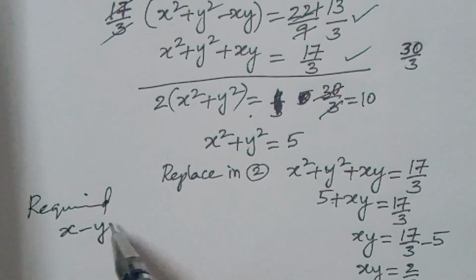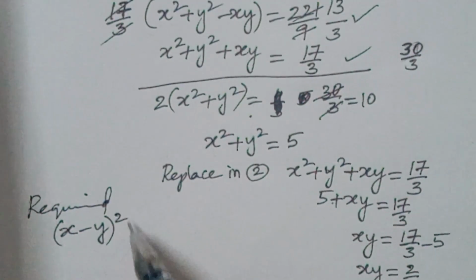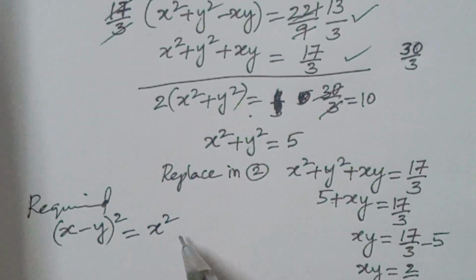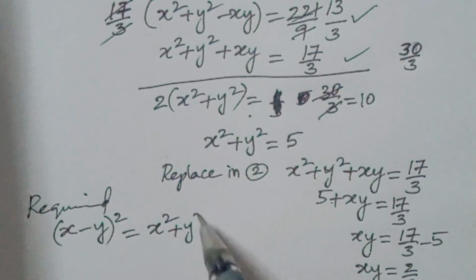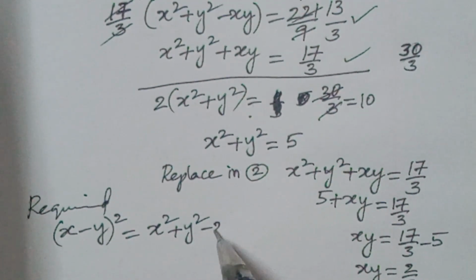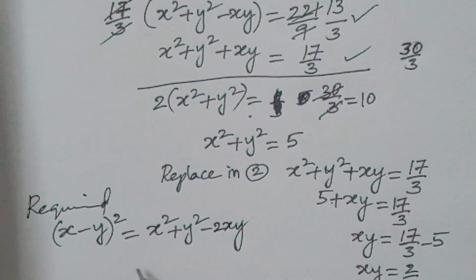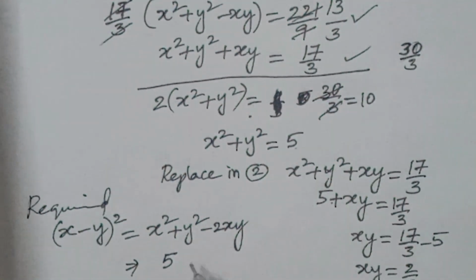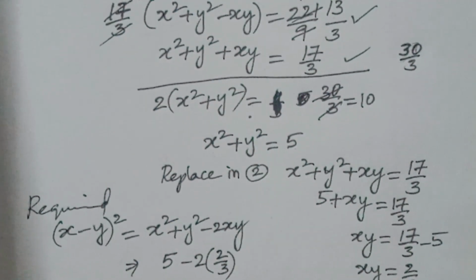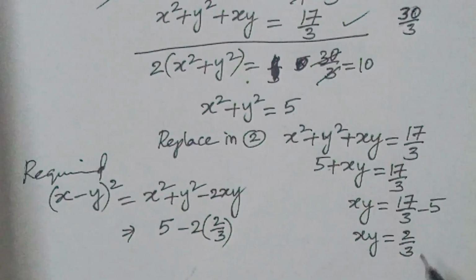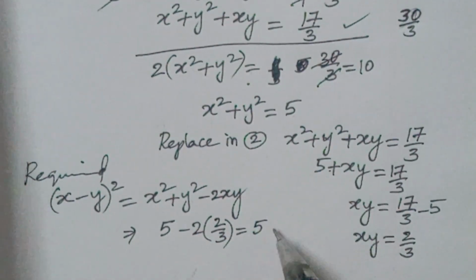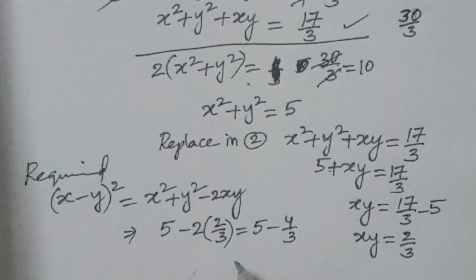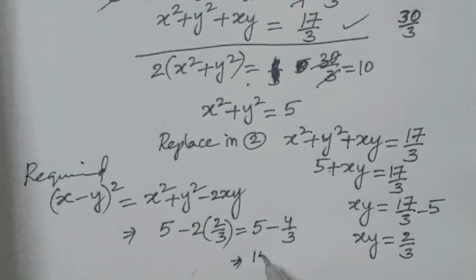Now what is required? x minus y is required. I am finding (x minus y) whole square, which is x square plus y square minus 2xy. So x square plus y square value is 5, minus 2xy, and the xy value is 2 by 3. So 5 minus 4 by 3, so 5 times 3 is 15, minus 4, by 3.